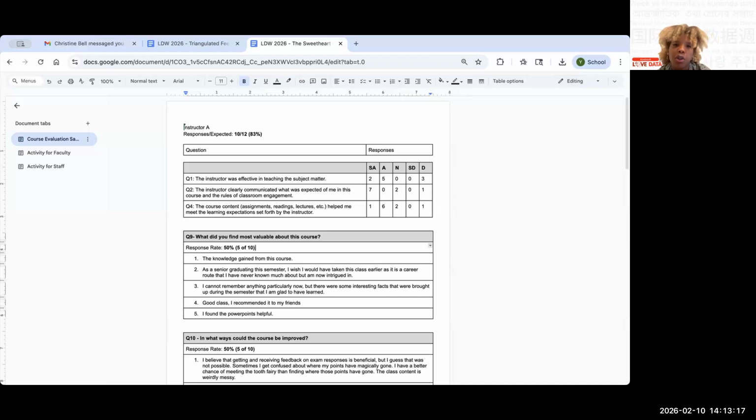All right, so from the quick review of the sample course evaluations, it can be any instructor. What were some needs for either instructor? I think for instructor A, there were some miscommunications, especially students saying, I don't know where the points went, they just disappeared, magically gone.